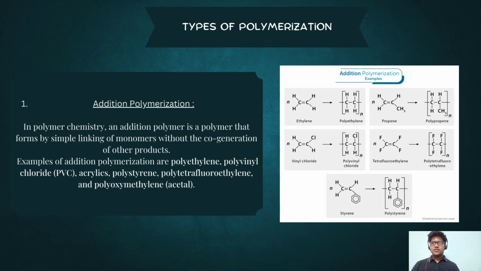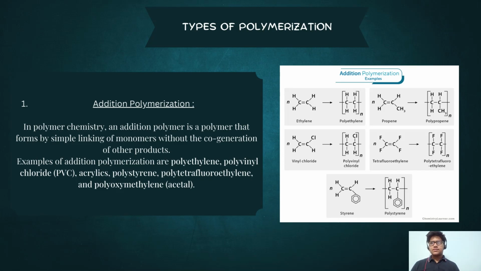So let's see the actual definition of addition polymerization. Addition polymerization is one of the methods of forming polymers. In addition polymerization, the monomer molecules bond to each other without any loss of any other atoms. Addition polymers from alkene monomers or substituted alkene monomers are the biggest group of polymers in this class.